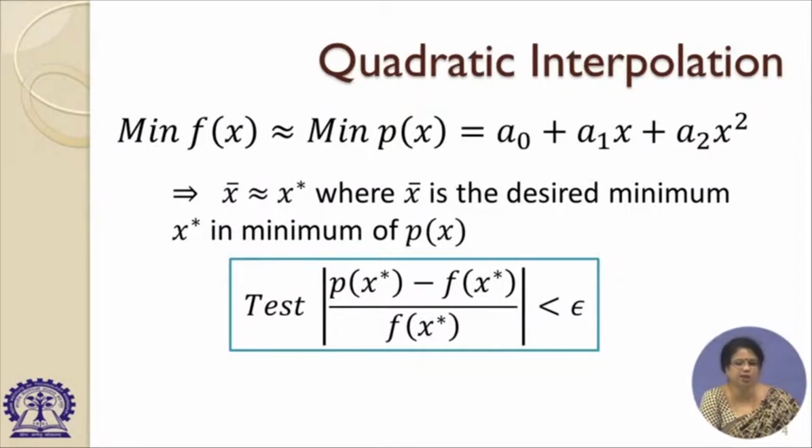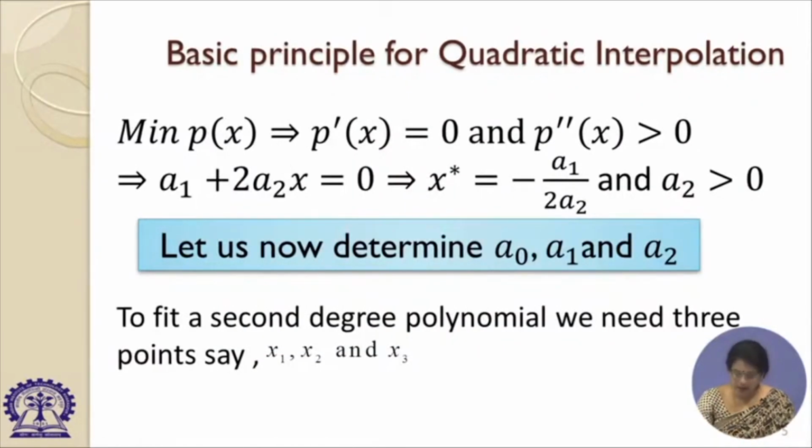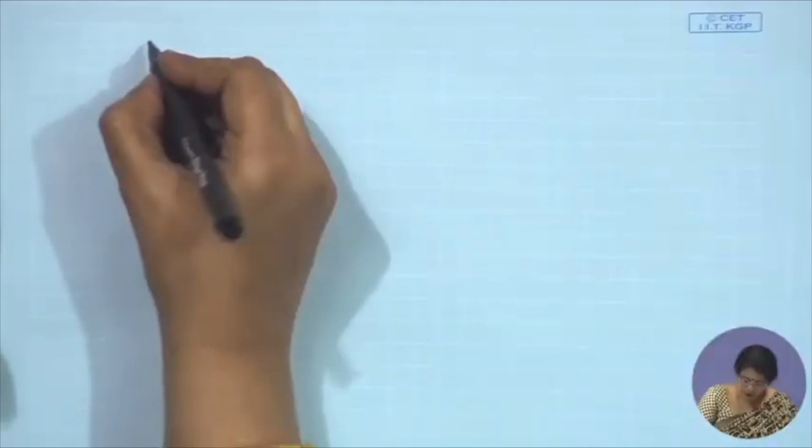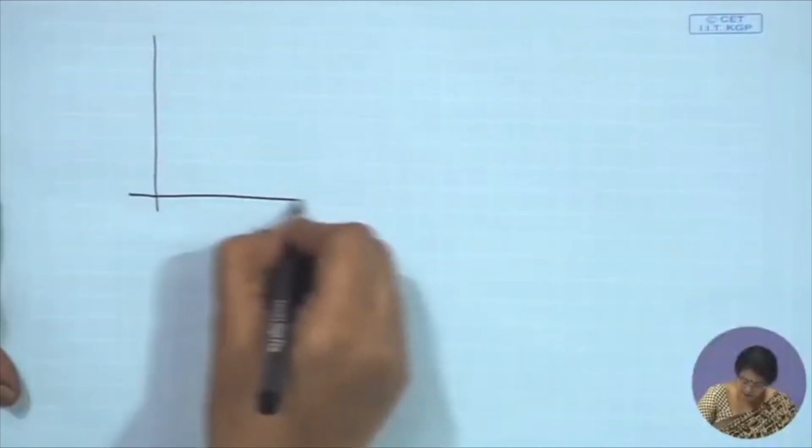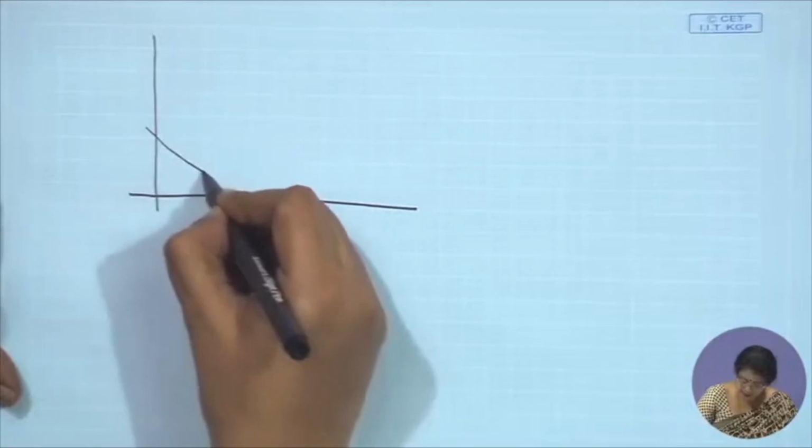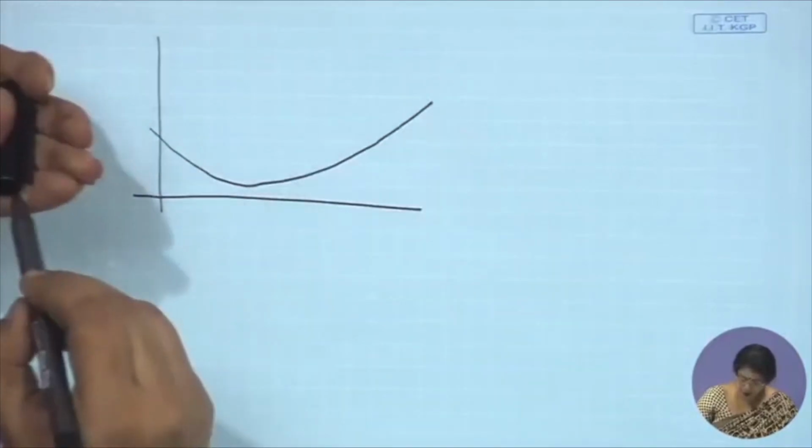We can take the ratio of this difference, and if this value is lesser than a very small value epsilon, then we can say that the fitted polynomial is accepted. That is the target of our methodology: to fit a quadratic polynomial. Now, you see, we have a function.